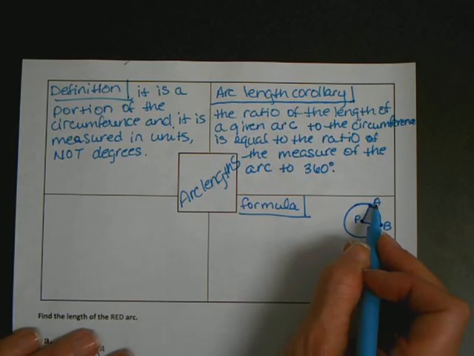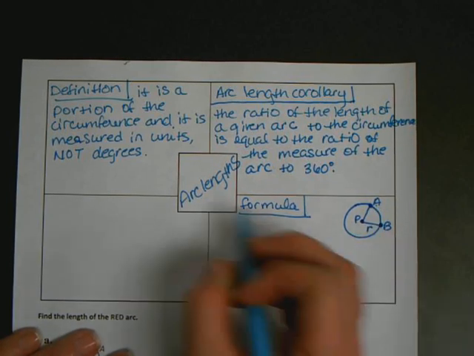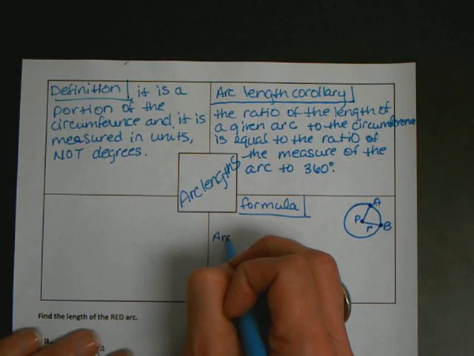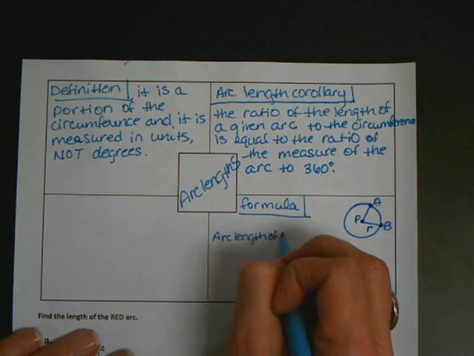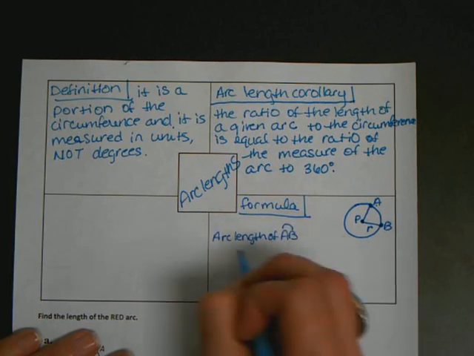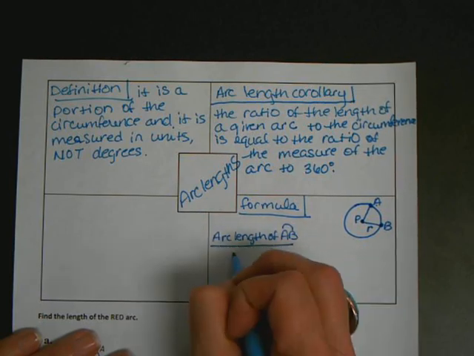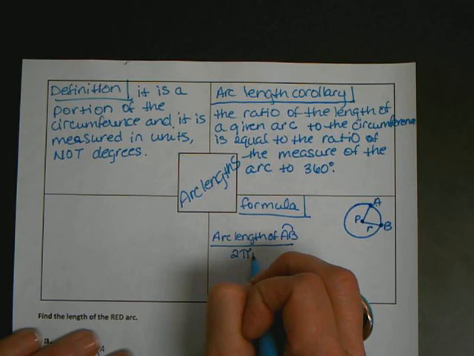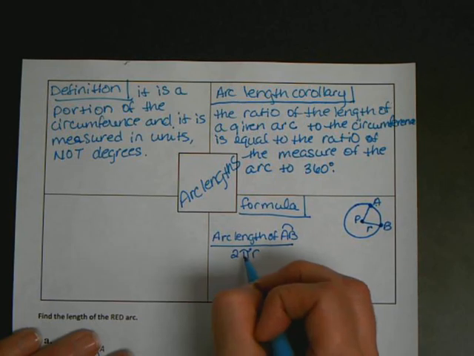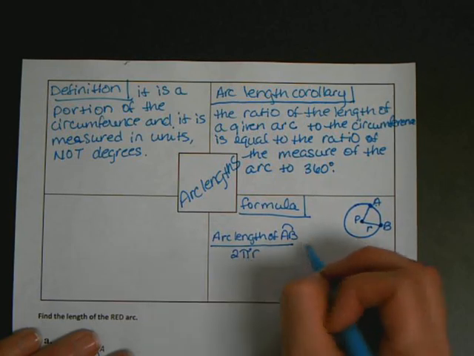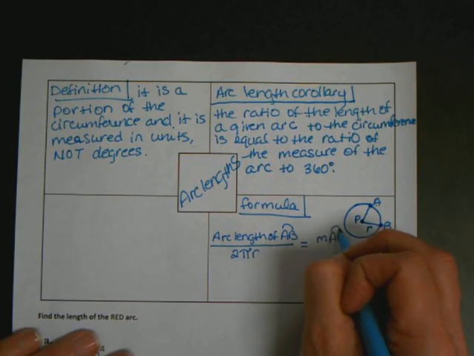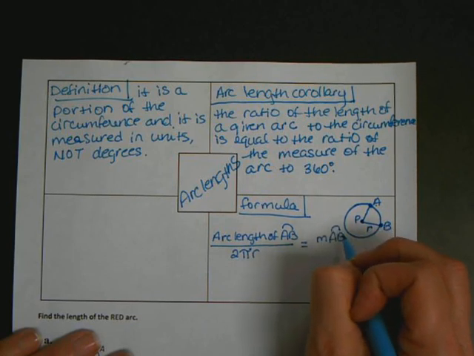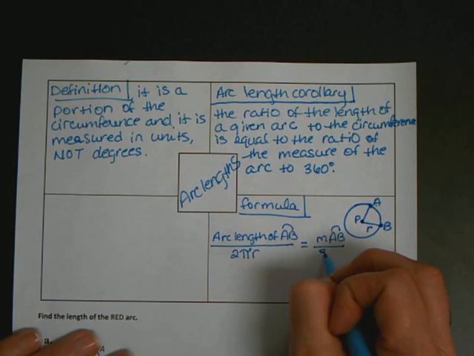What this whole thing is stating is that to find the arc length, like if I wanted to find the length of arc AB, how long it is, arc length of AB, it is a portion of the circumference. So I'm going to use 2 pi r. That's my formula for circumference. And it is equal to the measure of arc AB over 360 degrees.